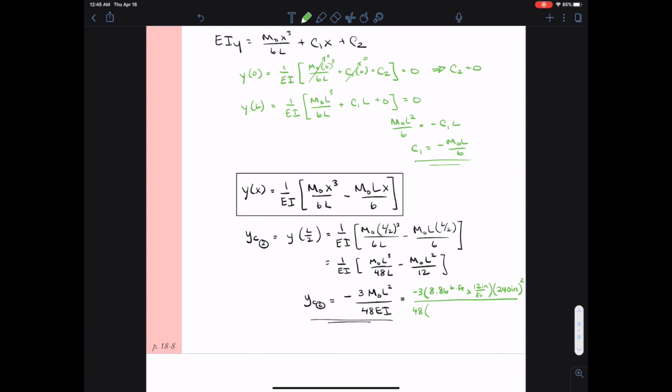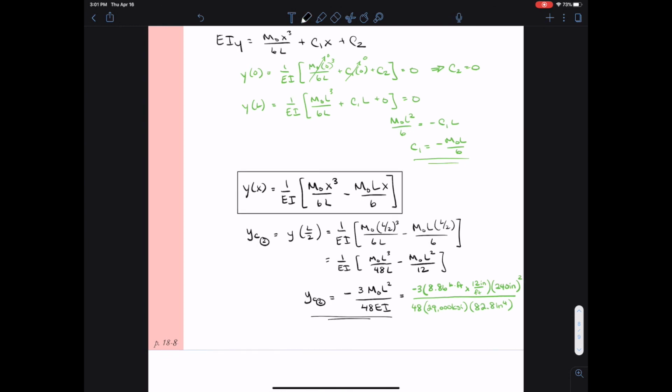Divide by 48 times E times I. So checking back, E is 29,000 KSI, and I is 82.8 inches to the fourth. All right, so plugging that into our calculator, we can determine that the deflection at midspan for case 2 is negative 0.1594 inches. Again, the negative sign meaning that it's a deflection downward.